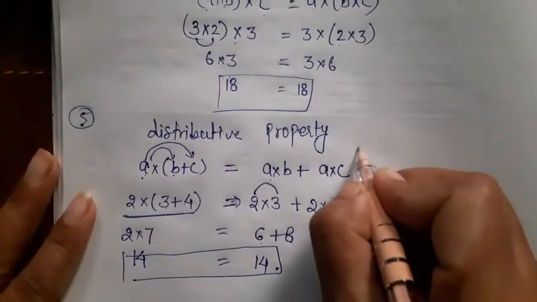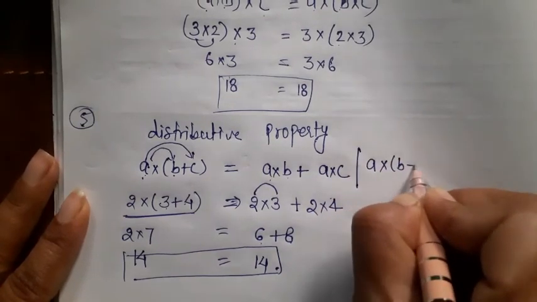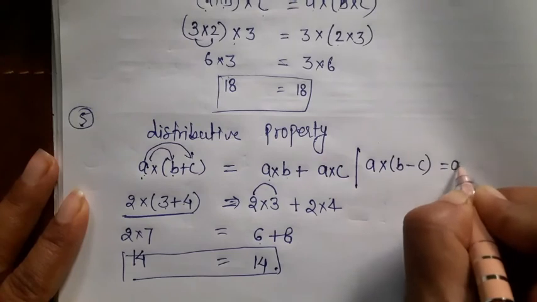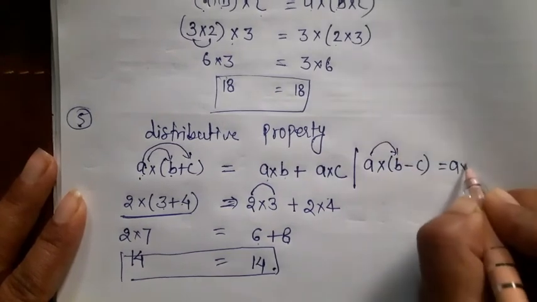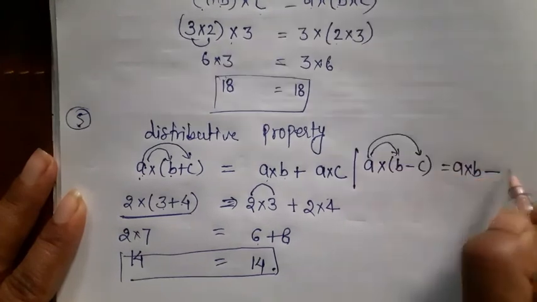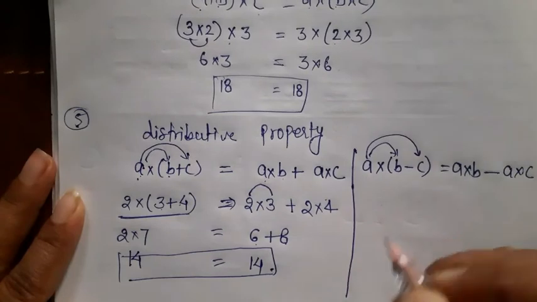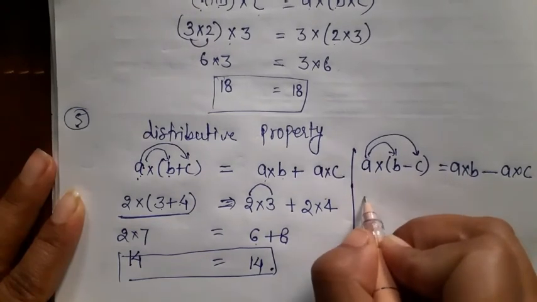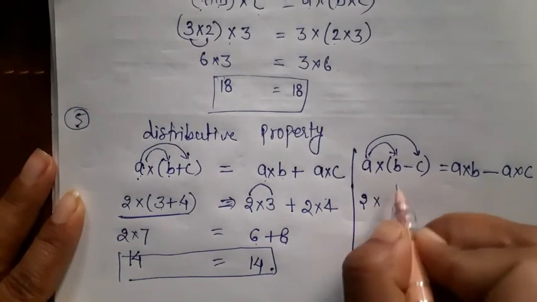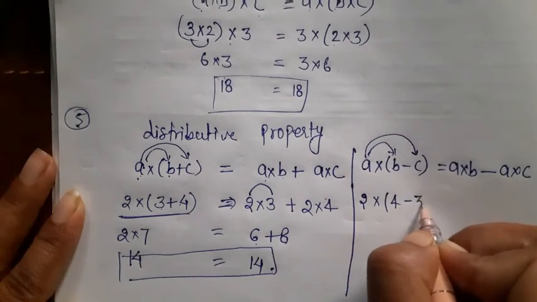And the next example is a into b minus c, which is equal to a into b minus a into c. For example, if the value of a is 2, the value of b is 4 and the value of c is 3.